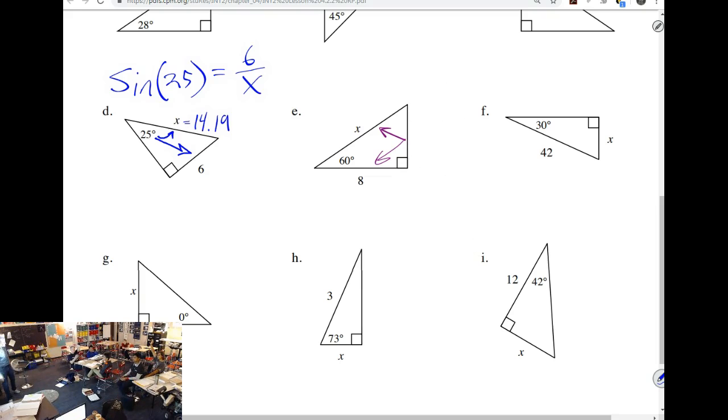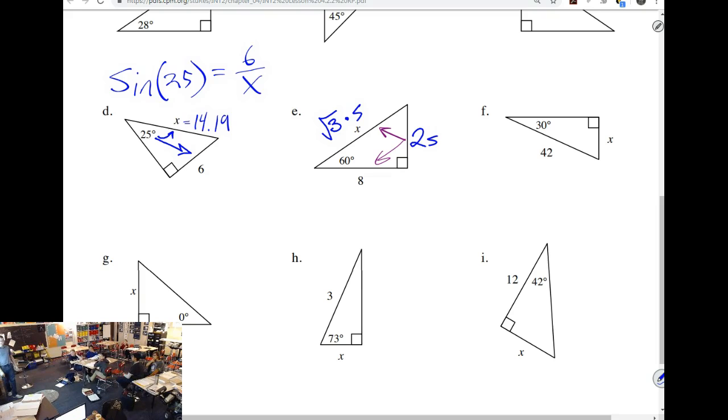This triangle, how it looks on your paper, is not to scale. This is your long leg, which in a 30, 60, 90, how's the long leg compared to the short? And how does the hypotenuse compare? Isn't it radical 3?